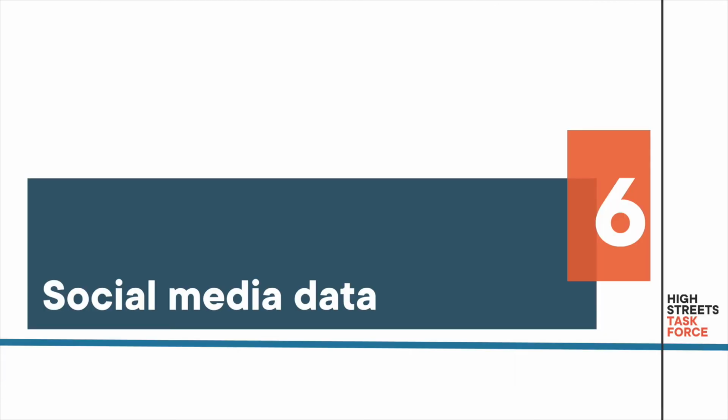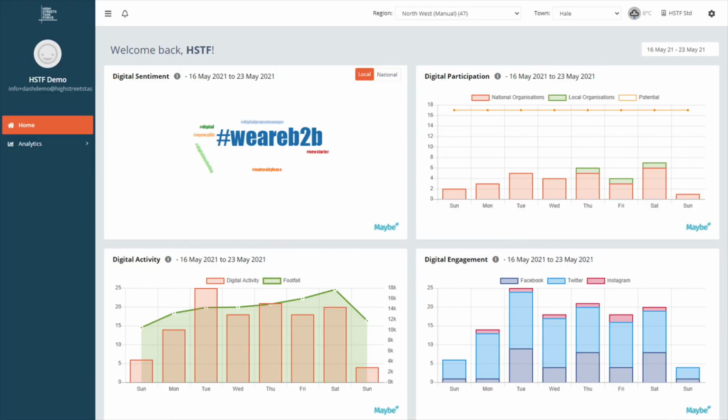Lastly, we'll turn to the social media analysis that is available via the home screen of your dashboard, which is there to complement your understanding of local activity and of what businesses are doing to draw in footfall. 5 measures are shown here, taking in data supplied by one of our task force consortium partners, Maybe.